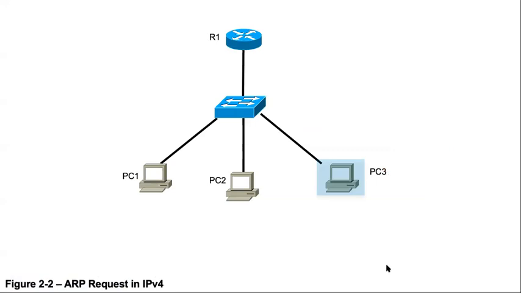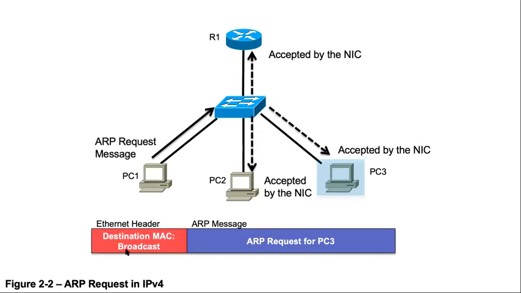So here's the advantage to an Ethernet NIC card being able to filter on the Ethernet destination MAC address. In IPv4, we use a broadcast. The destination MAC address is a broadcast. IP isn't even involved. What that means is every device has to accept this Ethernet frame and process the ARP request to see if this frame was for it.